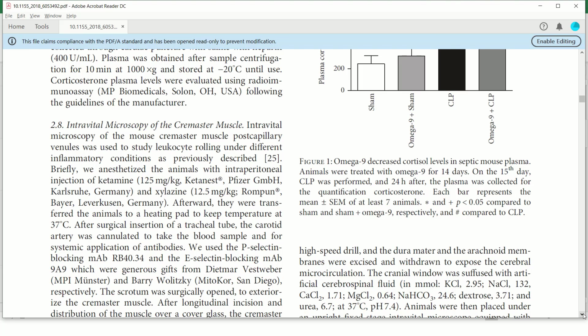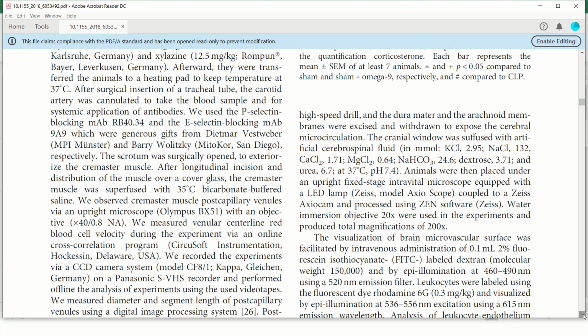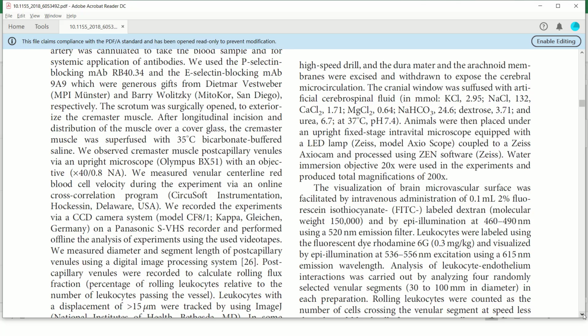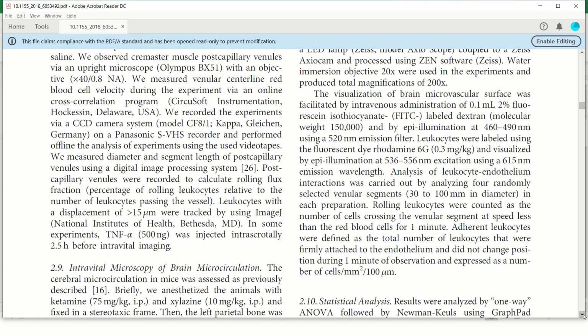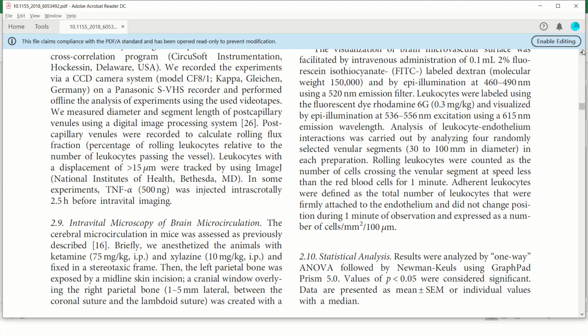They've done intravital microscopy. Okay, and just reading, scanning through this, they don't say why, how it relates to survival, which is the outcome that actually they have used.